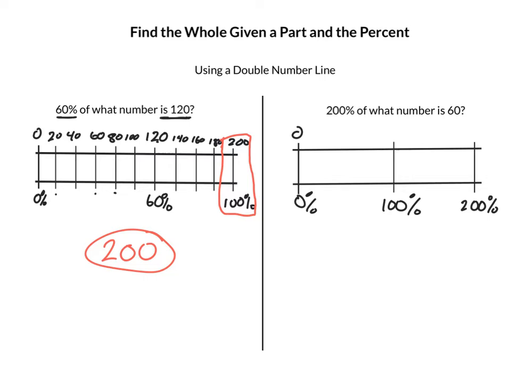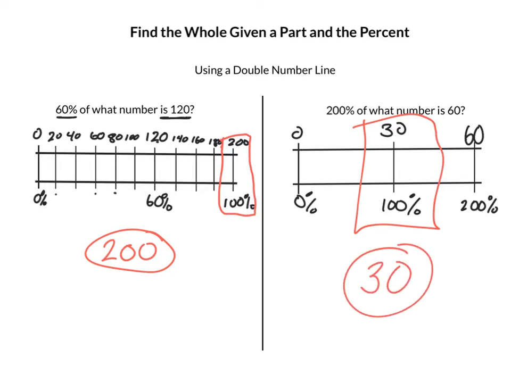Now the part does not line up with the 100% because the 100% is the whole when we're talking about percents. Instead we put the 60 here, lined up with the 200%. Since we divide 200 by 2 to get 100%, we divide 60 by 2 to get 30. So in this case, the whole is 30.